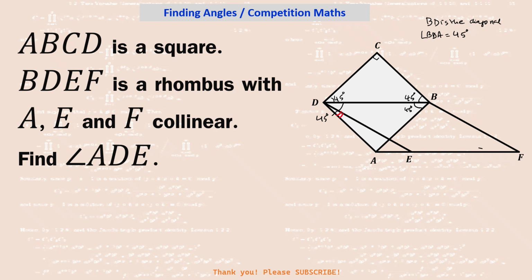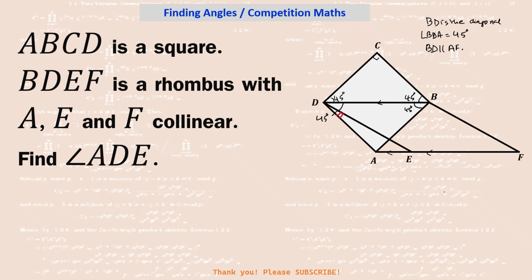So the next step is the rhombus. The opposite sides are parallel and they're equal, so this is parallel, and because AEF is collinear, it would be parallel too. So BD is parallel to AF, and therefore you would get alternate angles.